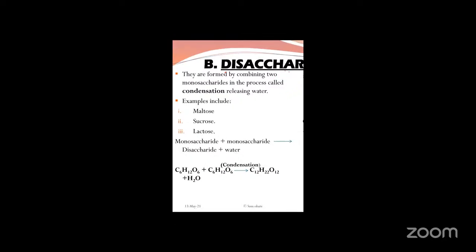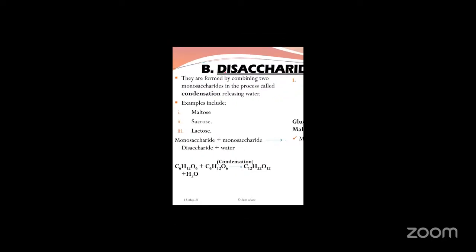And we have said the process of combining two monosaccharides to form a disaccharide is known as condensation, bringing together. So, what are the products of combining two monosaccharides? We form a disaccharide and we form water.